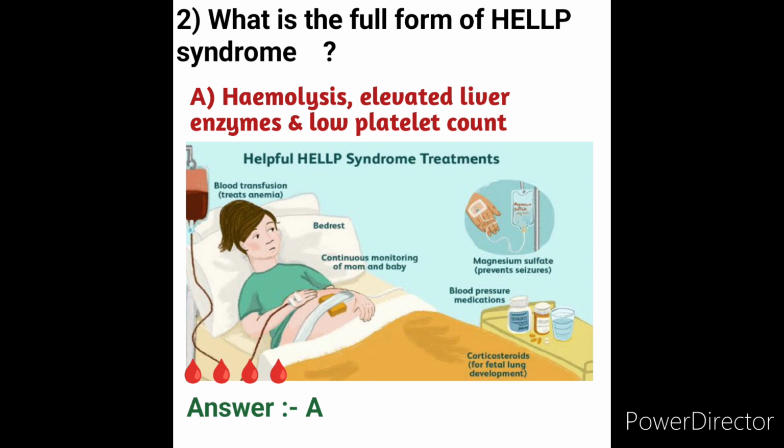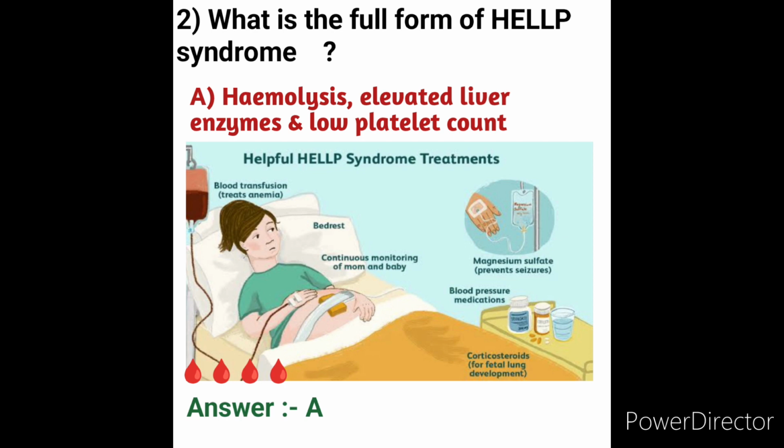Continuous monitoring of the pregnant woman and the fetus should be done. Magnesium sulfate is given to prevent seizures. The patient will develop hypertension, meaning preeclampsia, so we can give medications, and corticosteroids for fetal lung development.